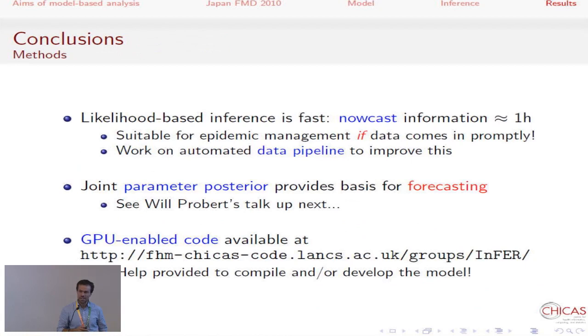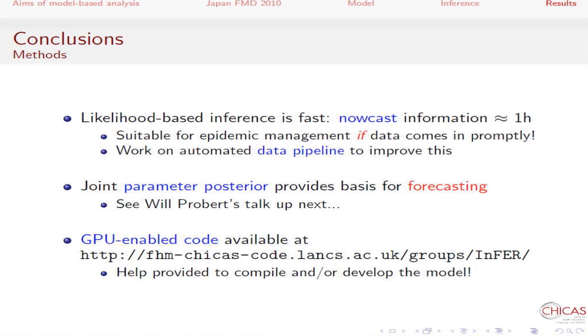Okay, so some conclusions. Methods conclusions then. Likelihood inference is fast, and it can provide us nowcast information in the space of about an hour for this particular outbreak. For the 2001 UK foot and mouth outbreak, it's about 5 hours.